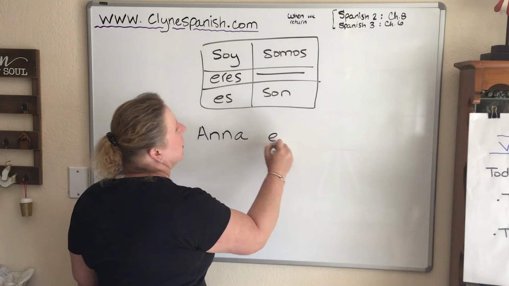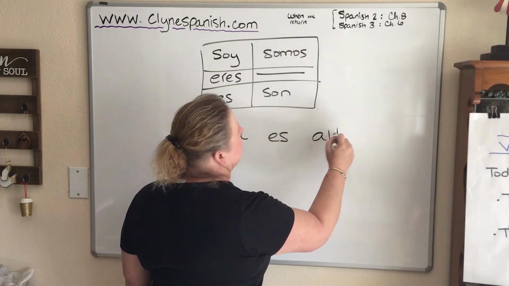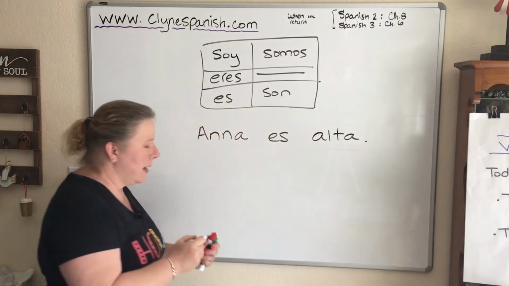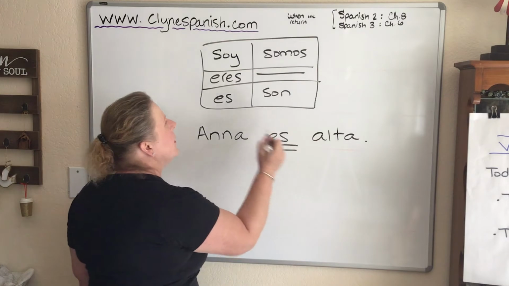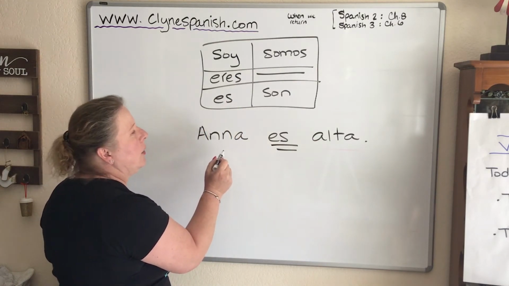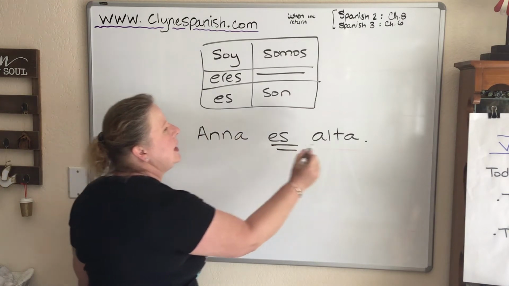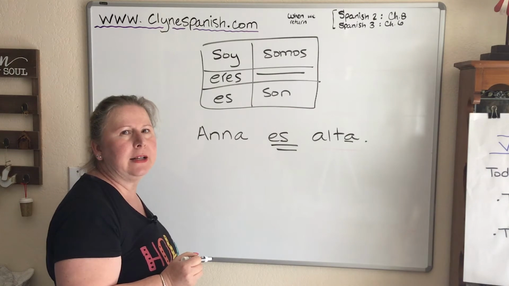Ana es alta. So Ana es alta. Here you have ser conjugated for Ana, which is she. All right, because this is she, your adjective is also feminine. All right.